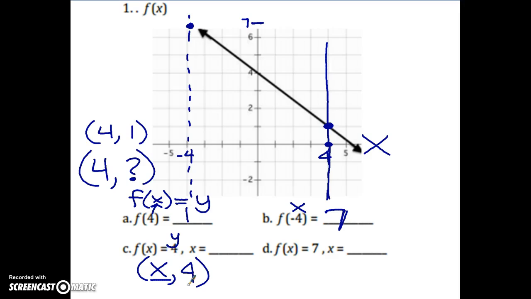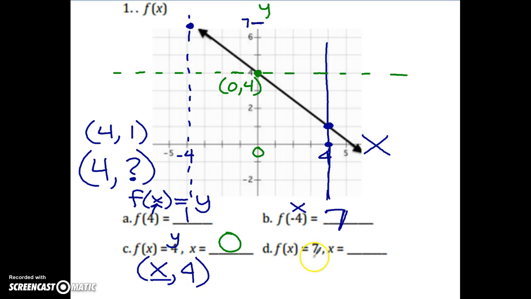If I go to the y-axis at 4, I'm looking along here, but I'm already on the 4. I'm already on the line, the graph. So in this case, my input would be 0. That's the point 0 comma 4. My input's 0, my output's 4.